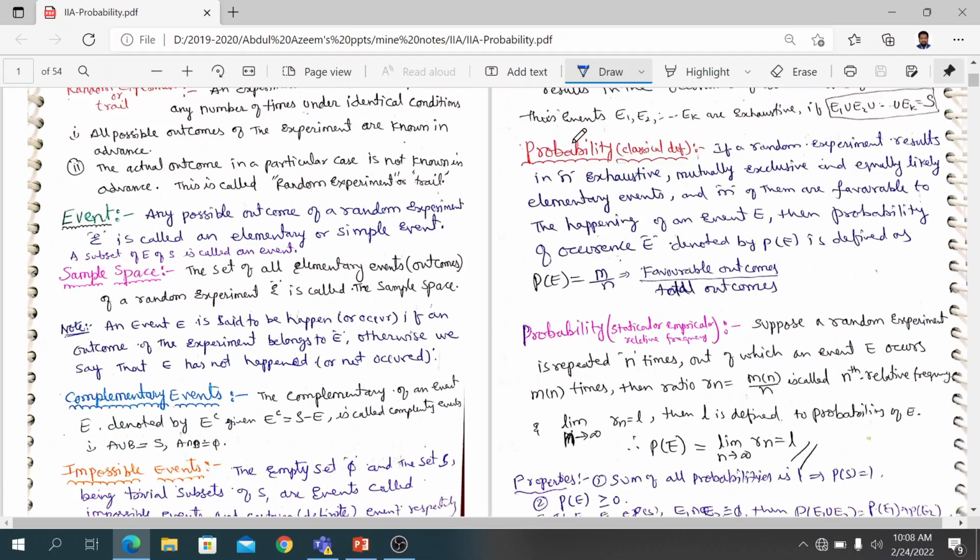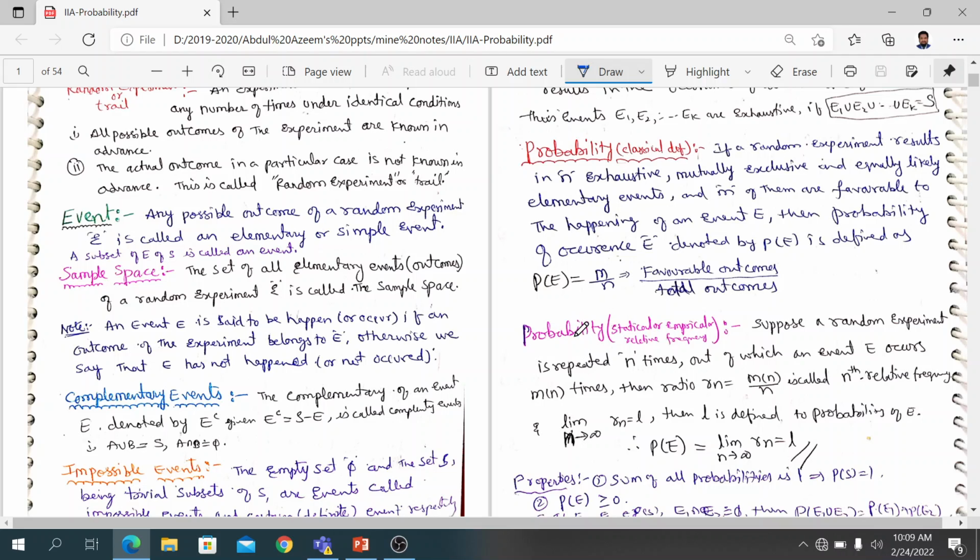Next, probability. What is the classical definition of probability? If a random experiment results in exhaustive, mutually exclusive and equally likely elementary events, and m of them are favorable to the happening of the event E, then the probability of occurrence of E, denoted by P(E), is equal to m by n, that is favorable outcomes by total outcomes.